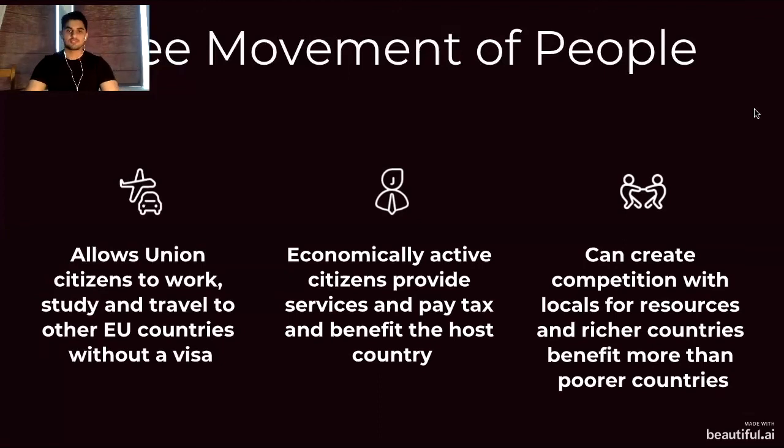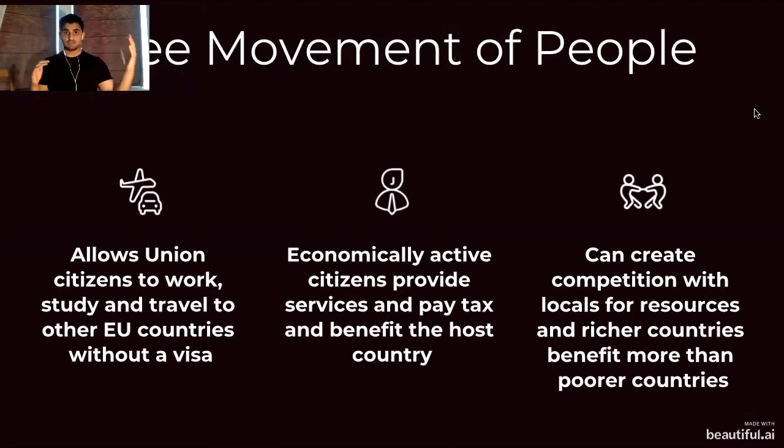And the other problem is richer countries normally, with the free movement of people, have benefited more from the poorer countries, right? So I had the example of the UK and Romania exchanging people for skill shortages. Now, yeah, it might be the case that plumbers from Romania go over to the UK, but the opposite isn't really the case. Very few people from the UK travel to Eastern Europe. And actually, what you'll find with Europe in general is that Western Europe and Eastern Europe have a massive economic divide, right?